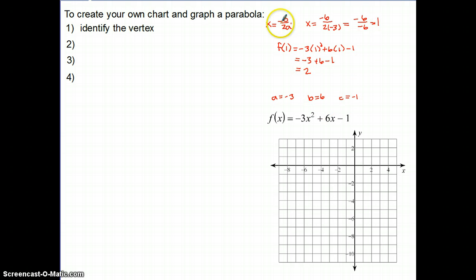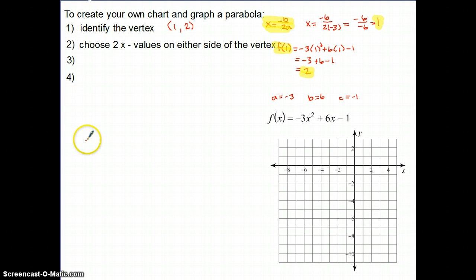So the vertex has an x value of +1 and a y value of 2. Again, we used our formula where x equals -b over 2a to find the x value, which was 1. We then plugged in that x value to find the y value, which was 2.